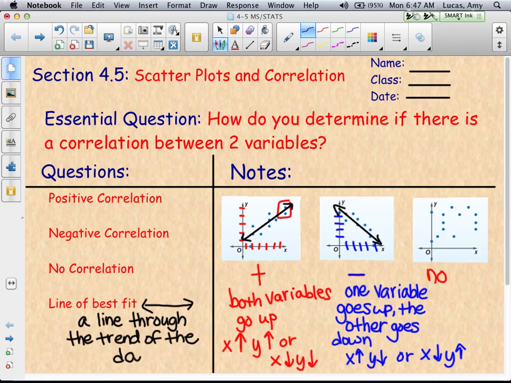What a line of best fit is used for is for making predictions about values. So if you draw the line of best fit, you can make predictions for any value that's on that line, or you could even extend your line past your data points and make predictions into the future.